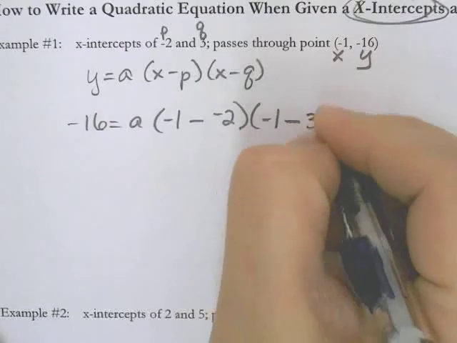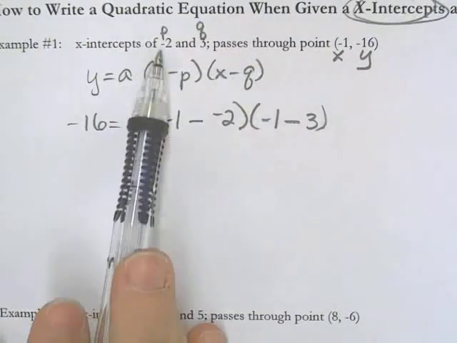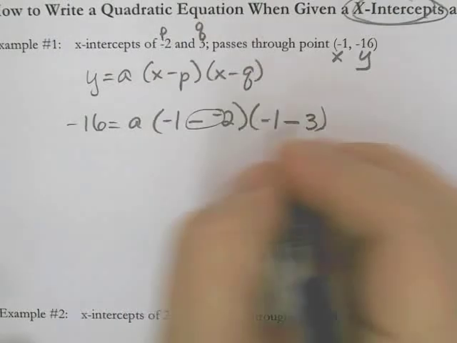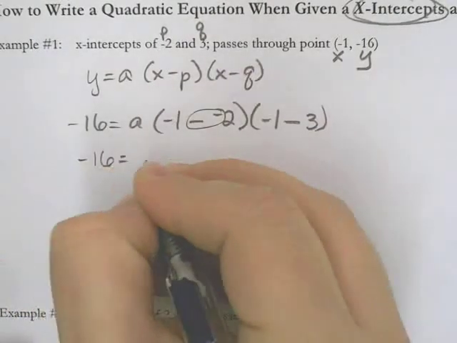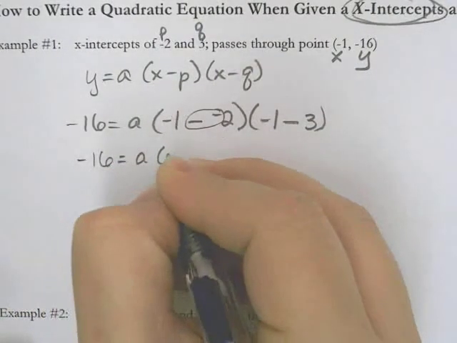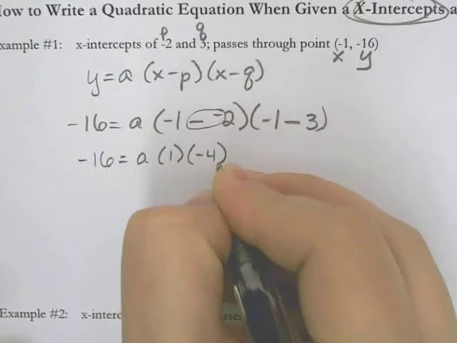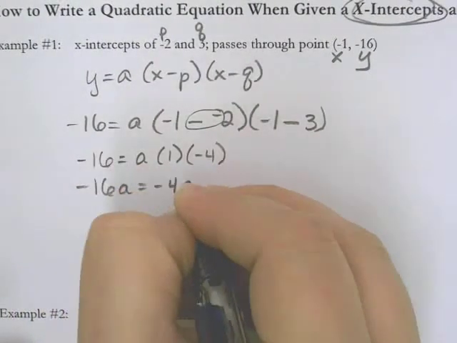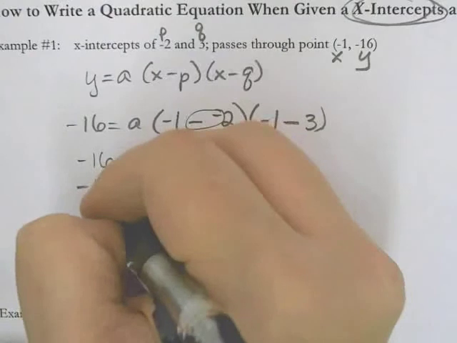Now, it doesn't matter which of these are p and q. It will work out the same, because they're both being subtracted from negative 1, so it doesn't matter which one you do first. I need to do my math, and so I get negative 16 equals a times 1 times negative 4. So negative 16 equals negative 4a.